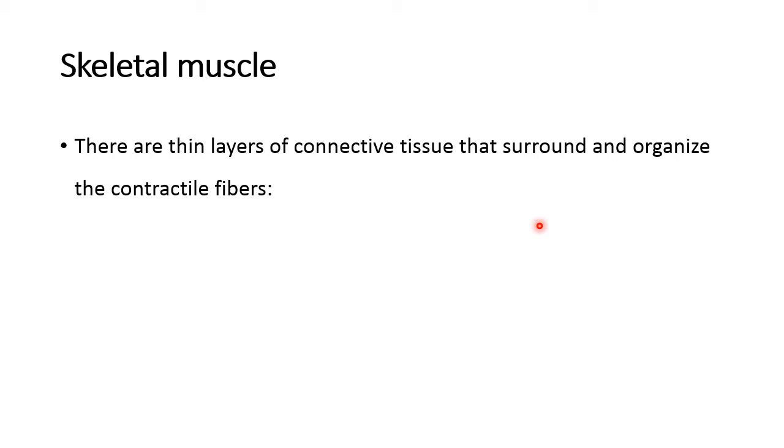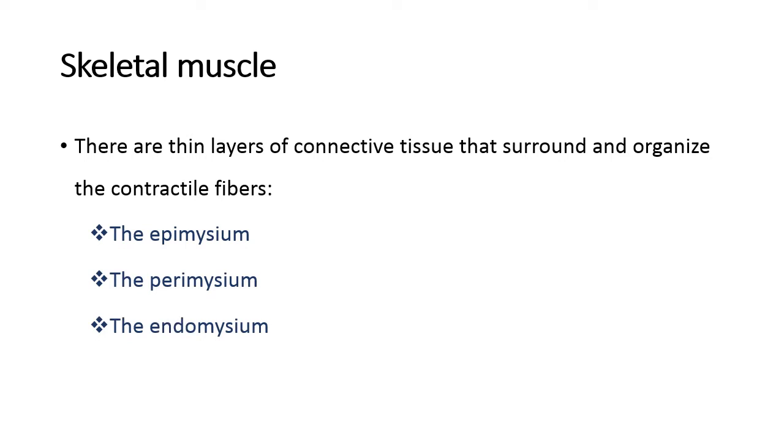These layers of connective tissue are arranged in a certain way to surround and organize the contractile fibers of the skeletal muscle and the other types of muscle also, but it's well seen and well presented in the skeletal muscle. The epimysium and the perimysium, and the third one is the endomysium.